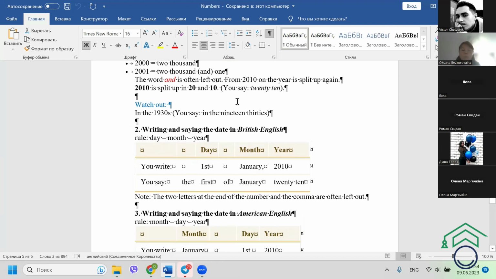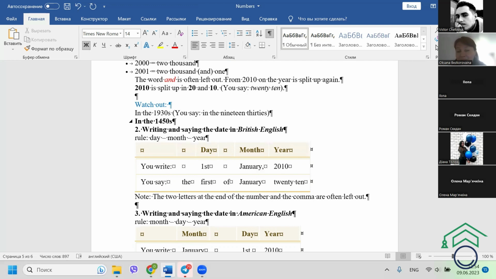Як ми скажемо, наприклад, 1450-ті якісь роки? The 1450s. Yes, in the 1450s. 50-ті. Да? У 1970-ті.